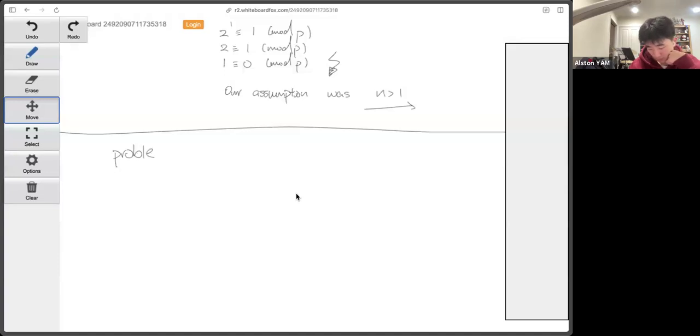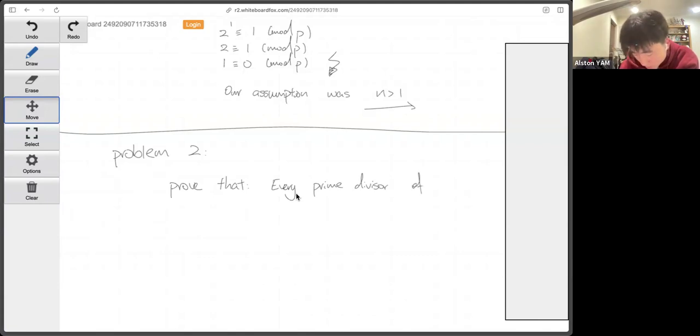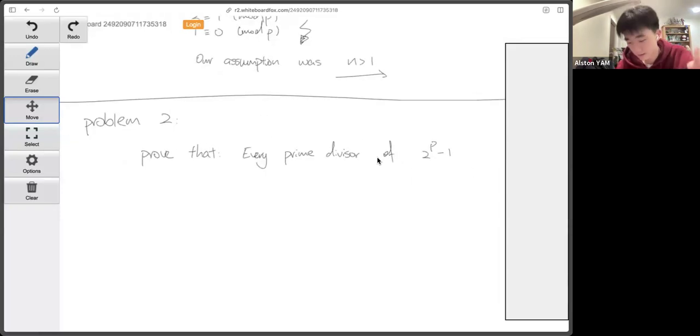Problem 2. You want to prove that every prime divisor of 2 to the p minus 1. So we're doing a lot of 2 to the power of something today, right?